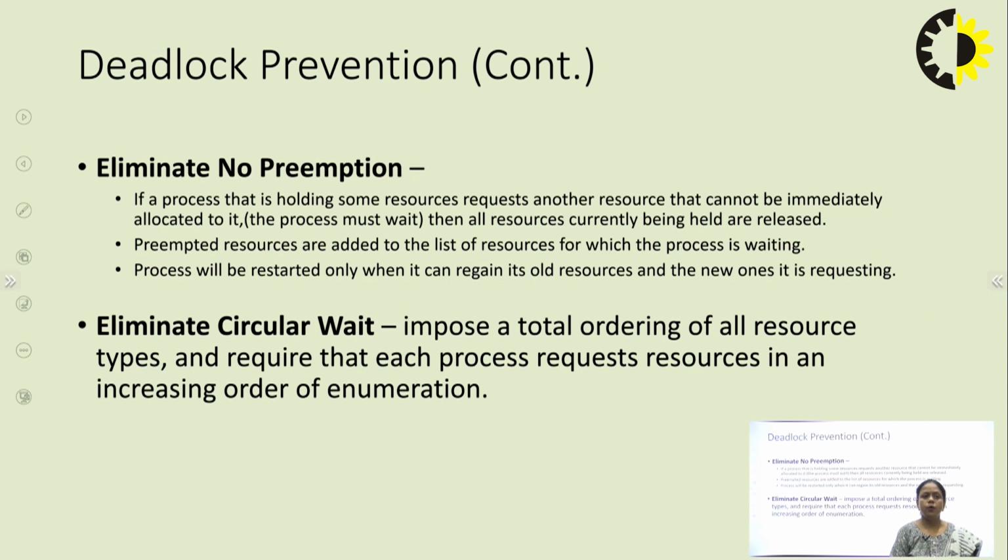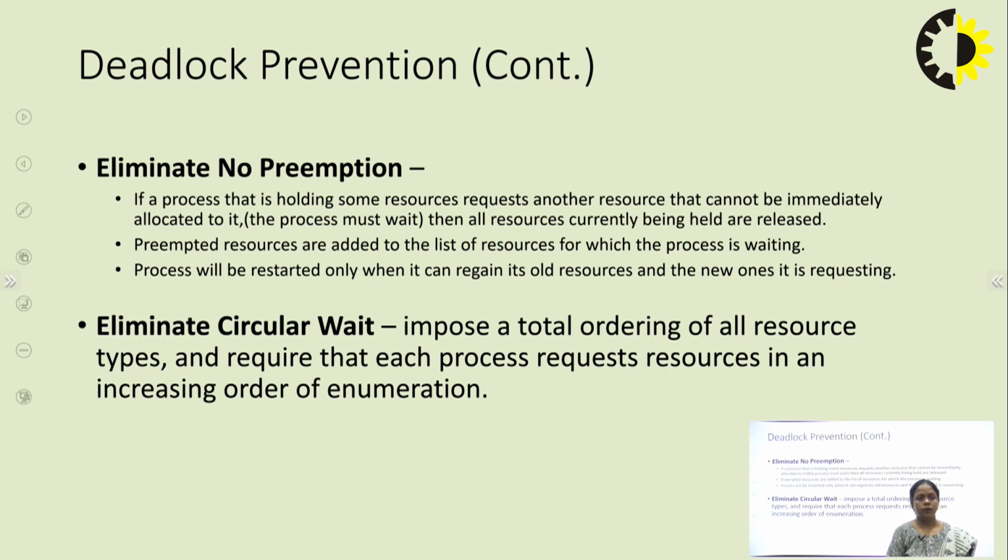Now, eliminate no preemption. If we have a preemption policy, then we can preempt the particular process and release the resources, so that we can remove the condition of the deadlock. If a process that is holding some resource requests another resource that cannot be immediately allocated to it, the process must wait.